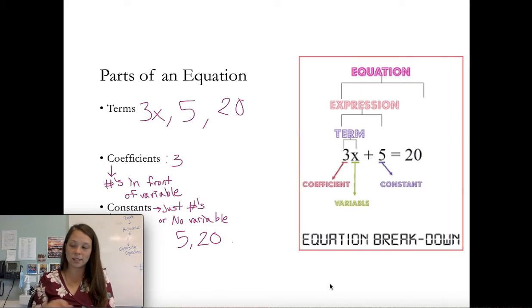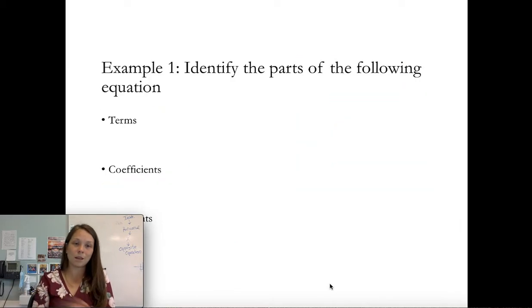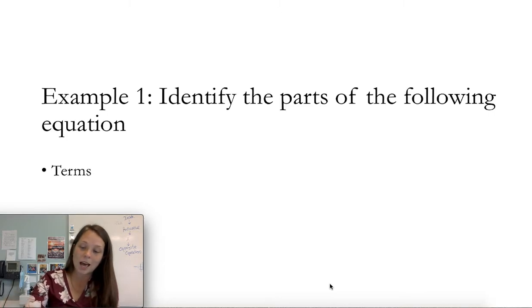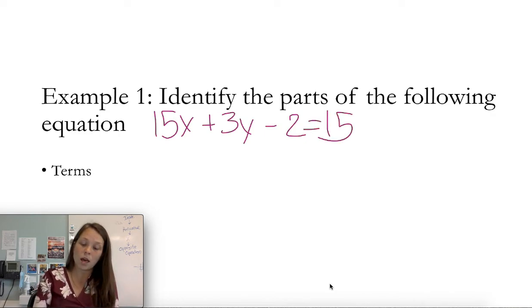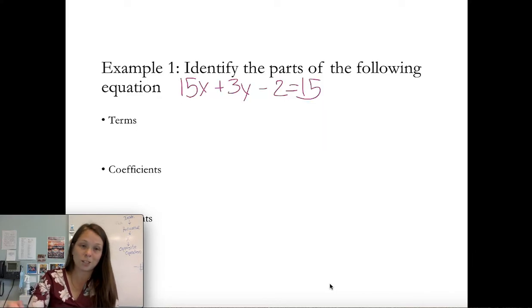Let's put this to practice in example 1. Identify parts of the following equation. Now I forgot to have this equation actually filled in here for this problem, so let me write it down. 15x plus 3y minus 2 equals 15. Take a moment to pause the video and identify the terms, coefficients, and constants.